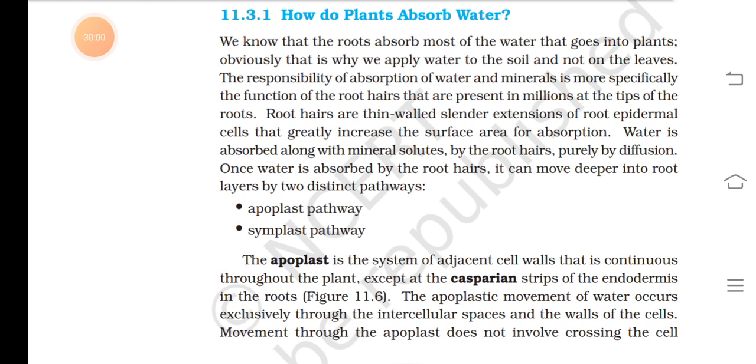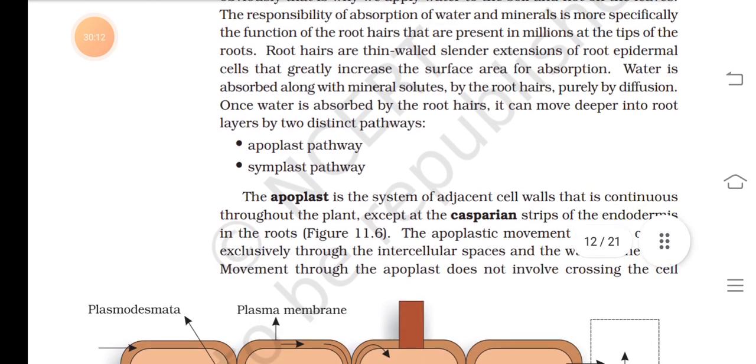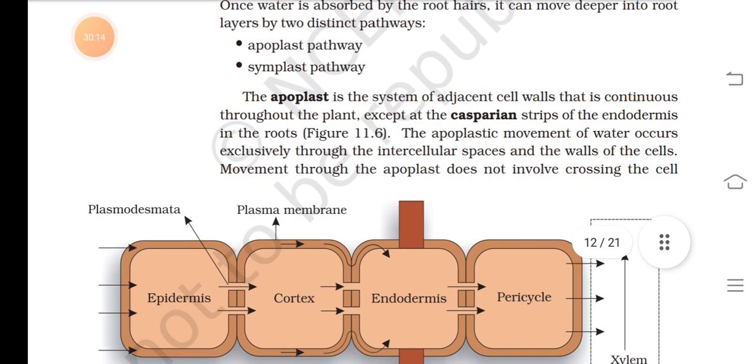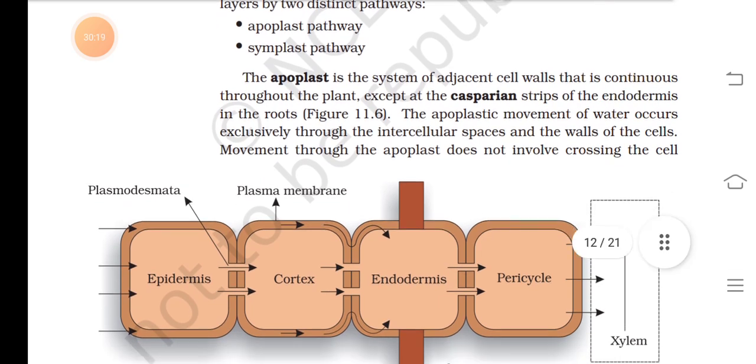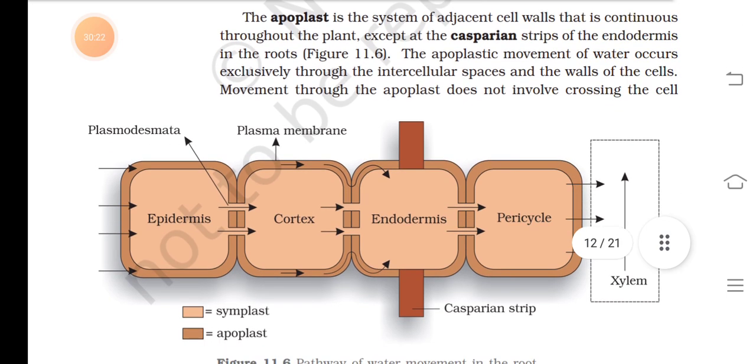Once water is absorbed by the root hair, it can move deeper into root layers by two distinct pathways. First, apoplast pathway, second, symplastic pathway. The apoplast is the system of adjacent cell walls that is continuous throughout the plant, except at the Casparian strips of the endodermis. In the roots, the apoplastic movement of water occurs exclusively through the intercellular space and the walls of the cells.